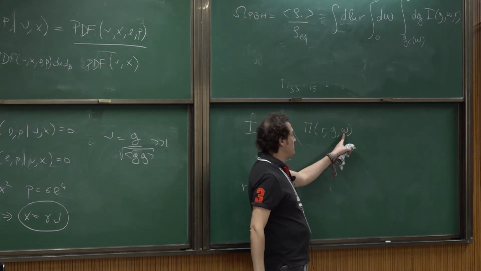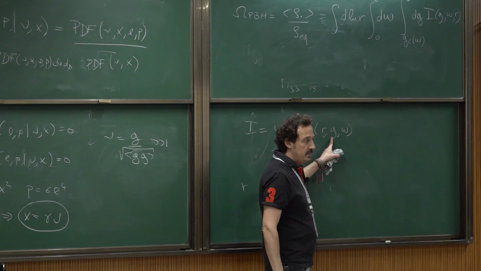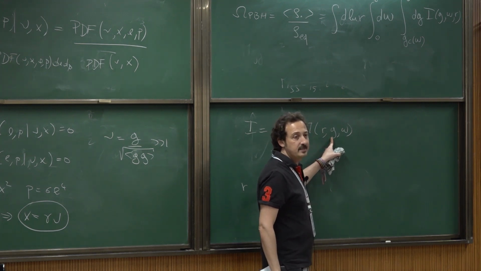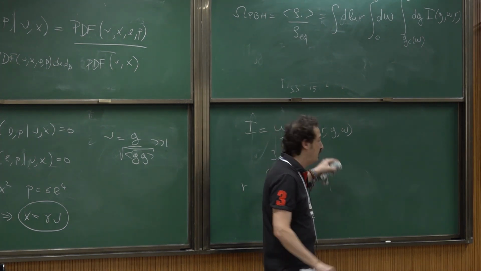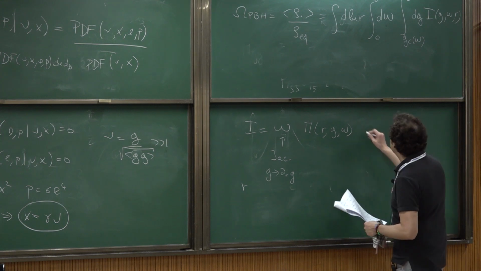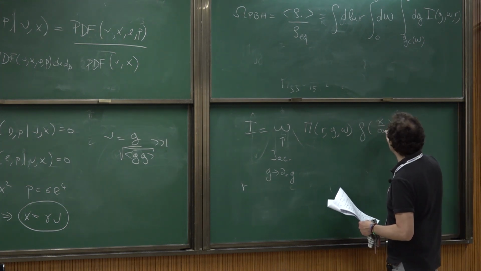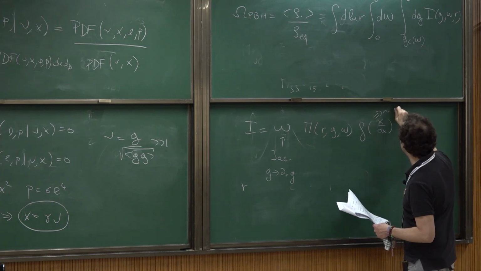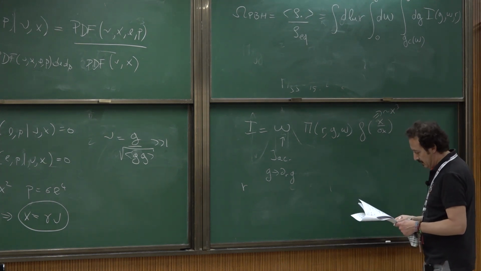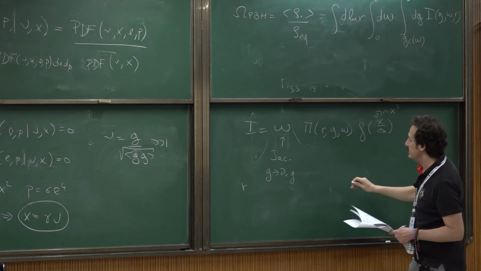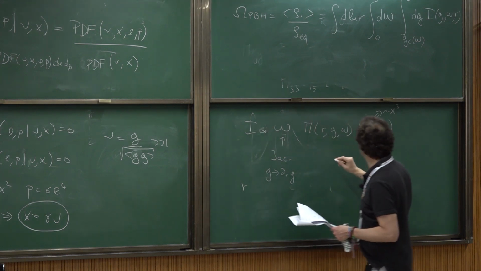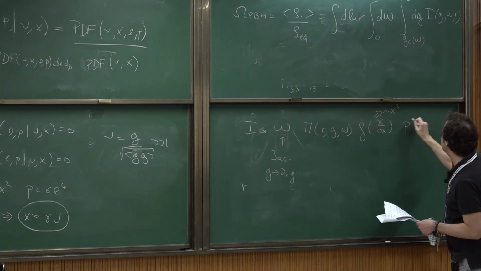Because the threshold depends on W, the compaction function depends on G, and the universe mass depends on R. And then we have some function which is x divided by sigma x. This is the peak theory function, and this goes like x to the cube. Let me put a proportionality factor.